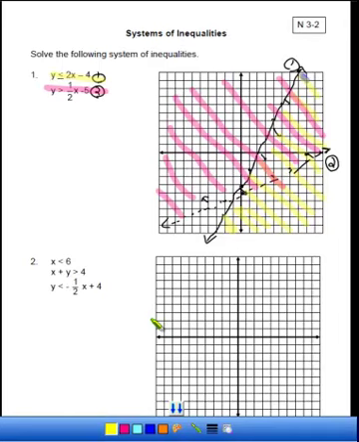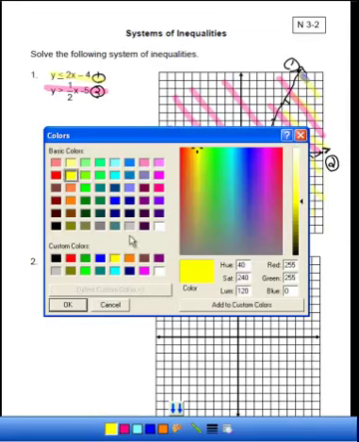Well, just like in a system of equations, it has to be the solution set for both. Where do we see both pink and yellow? Right in here. So for our real solution set, I need purple, maybe.